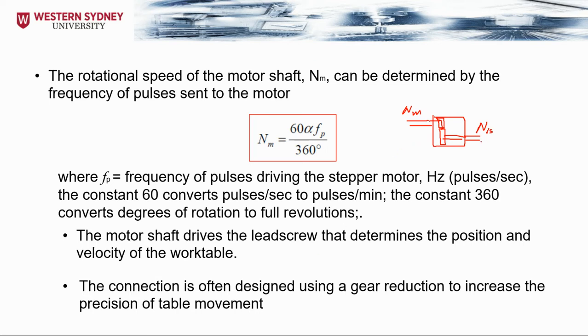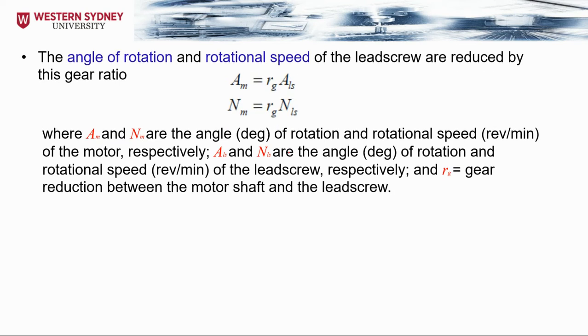Now the reduction value is the Rg. For example, if the motor is 4 and the output is 1, that means the output RPM is 1/4 of the input RPM. Now we go further: the angle of rotation and the rotational speed of the lead screw are reduced by this gear ratio.